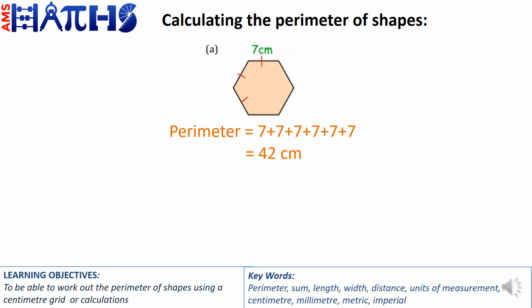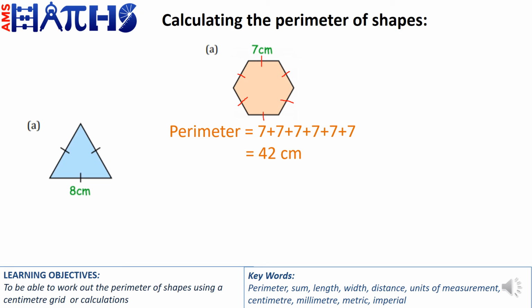So because it's a regular shape and all the sides are equal, we would have 6 lines on each side indicating to us that the lengths are the same. And so we have 6 sides which measure 7 centimeters. Therefore, when we add those up, we get a total of 42 centimeters for the perimeter.